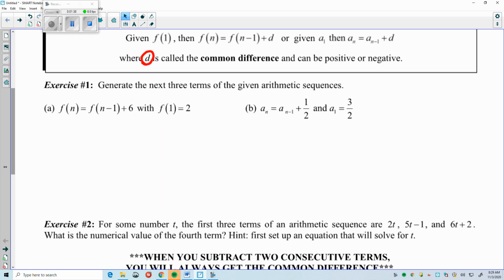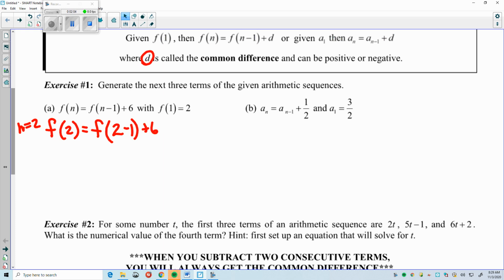Okay, so our first term is 2. If I'm looking for our second term, anywhere I see an n, maybe I make a notation over here, it's now going to be 2. So in this notation, it says I'm going to take f of 2 minus 1 plus 6.